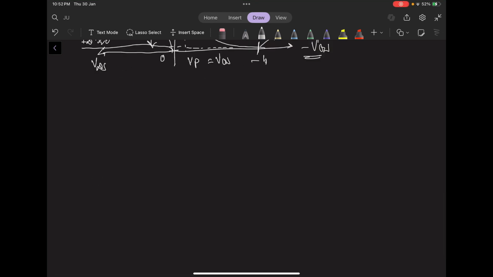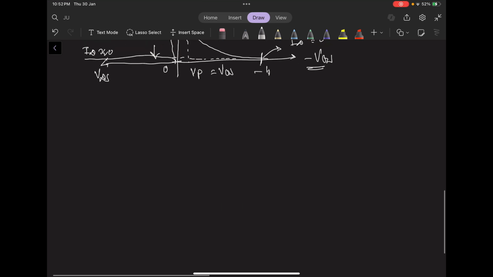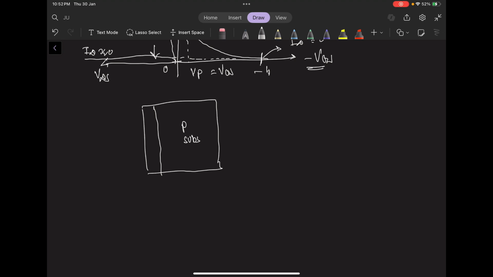Now, structure of a MOSFET, follow this part very carefully. So the first way to draw this is to remember that it mainly consists of two parts. There is a P-type substrate and there is a silicon dioxide layer, which is also known as a dielectric layer.